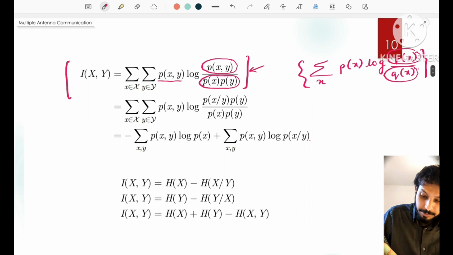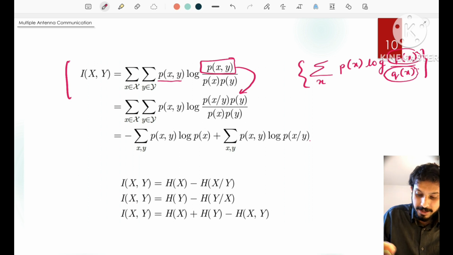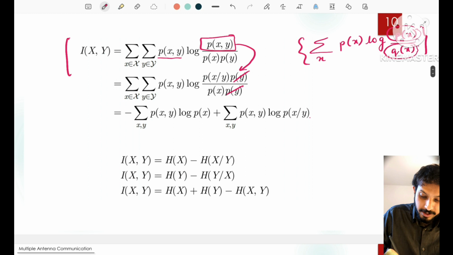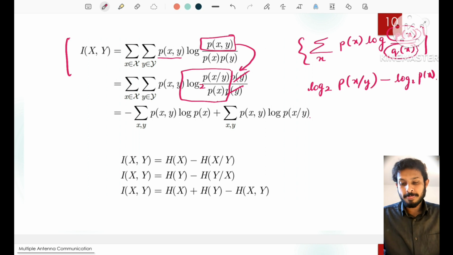Then using Bayes theorem, if we try to expand this p of x comma y, we get p of x by y into p of y. So here this p of y gets cancelled out. And if we try to expand this logarithm, because they are in division form, we can write it like this: log 2 of p of x by y minus log 2 of p of x.